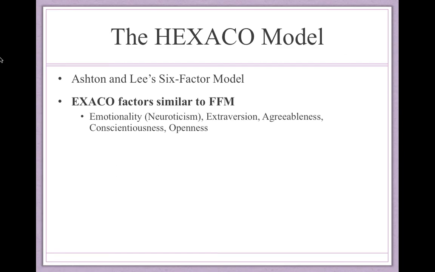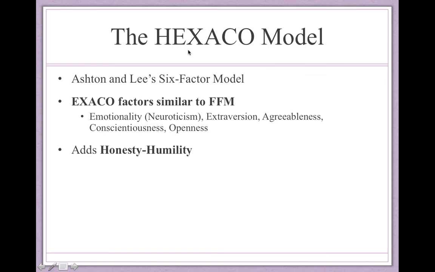So emotionality is now neuroticism, and extroversion is now the X, which is silly. So yeah, now they have extroversion as an X, agreeableness, conscientiousness, and openness. All the same. But what they add is honesty and humility at the beginning of it.